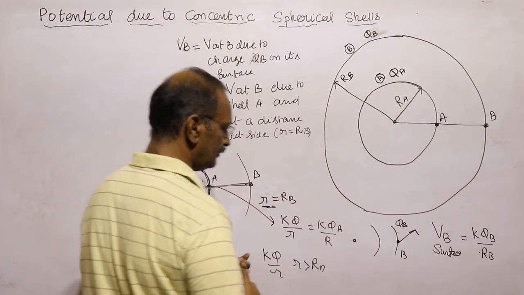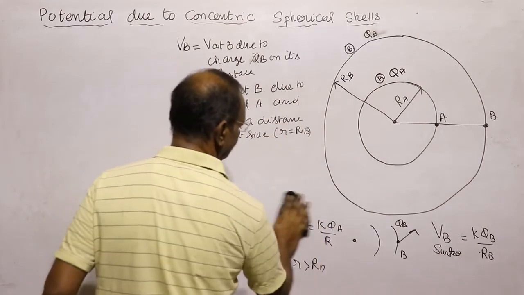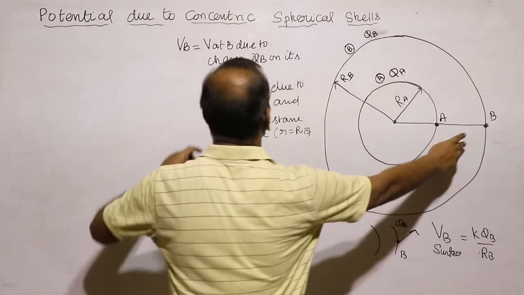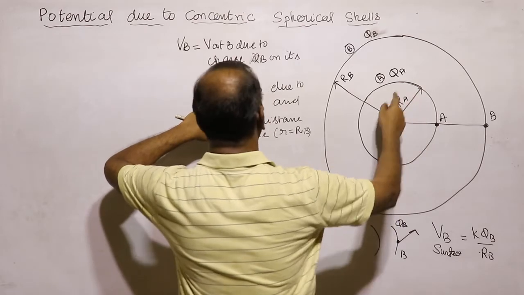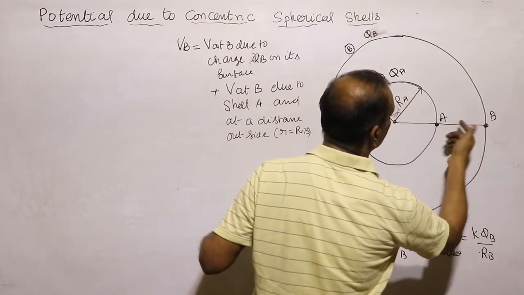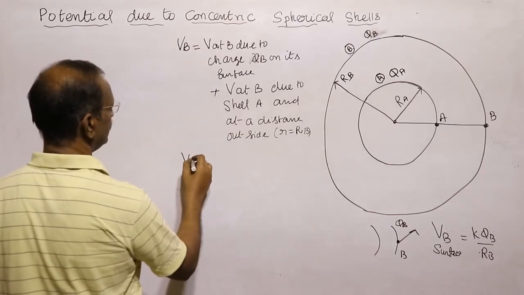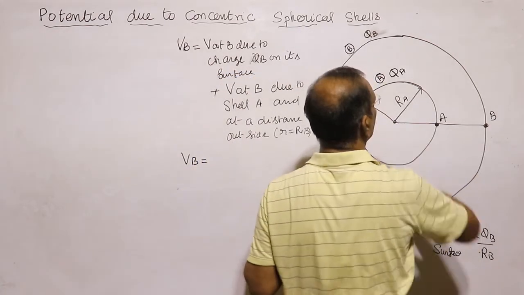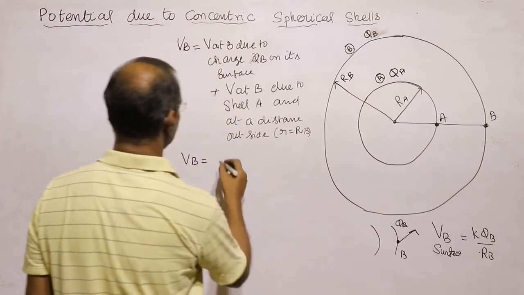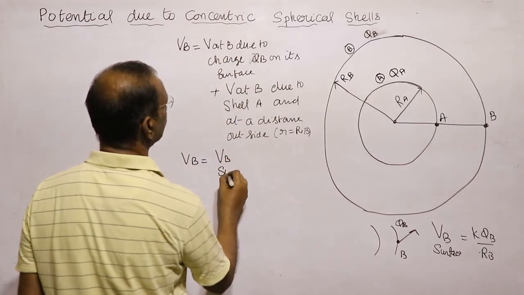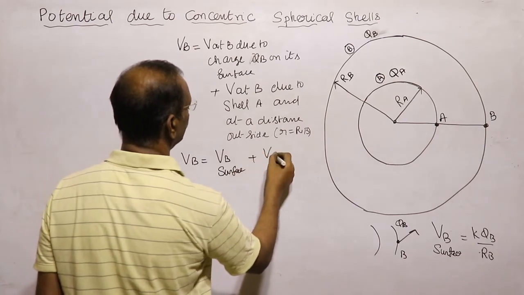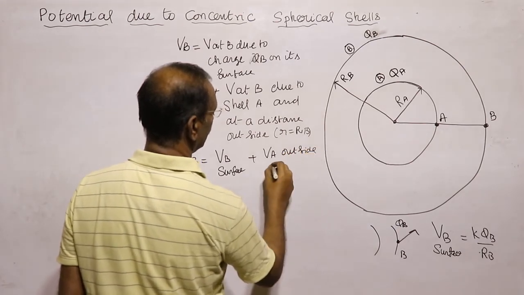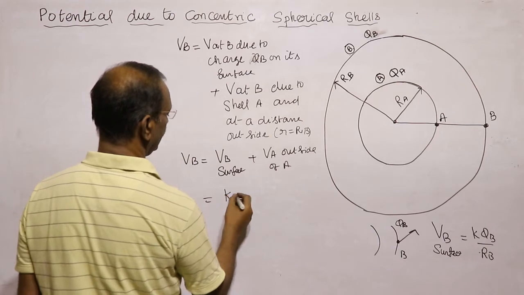and at this point the potential due to this is equal to this one. Okay, now simply we can write it as the potential at B due to shell A, which is having a charge of QA, at a distance outside of this shell A. So V at B is equal to V due to this one shell on the surface, plus V due to A outside of shell A. So this is equal to K on the surface.